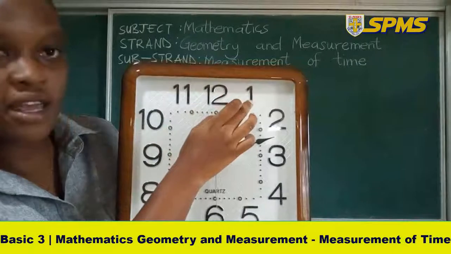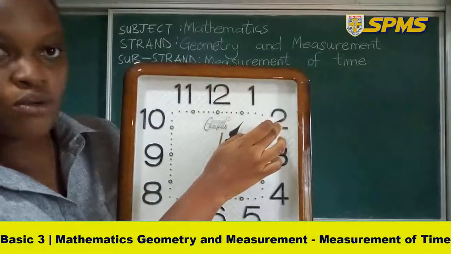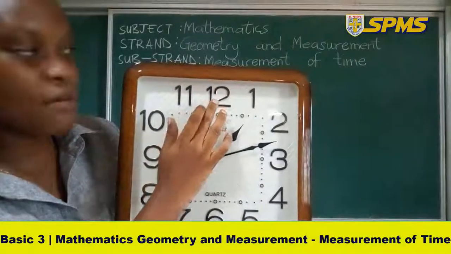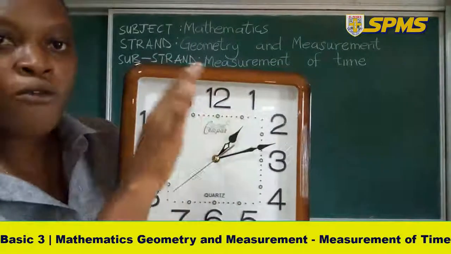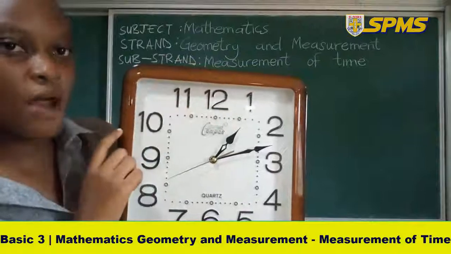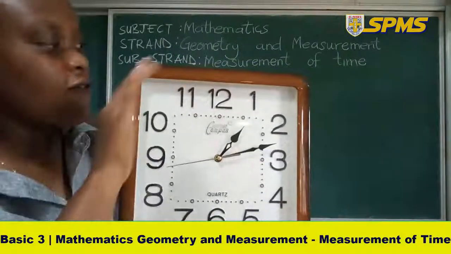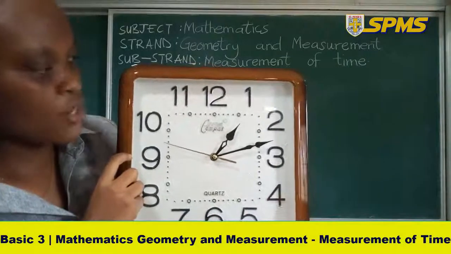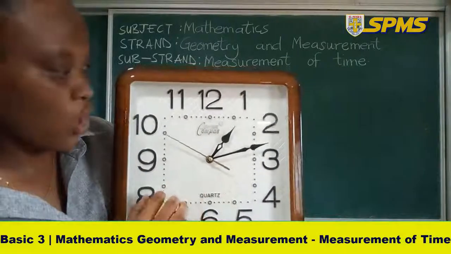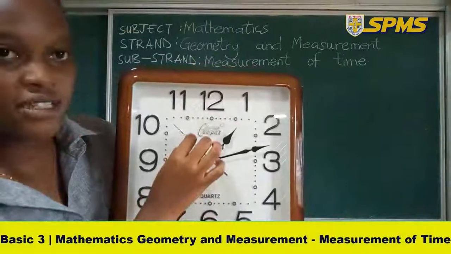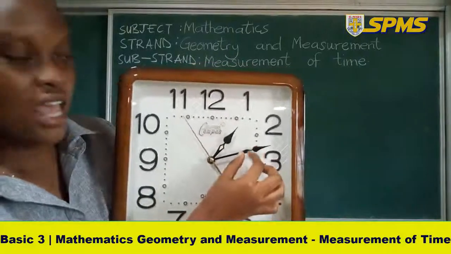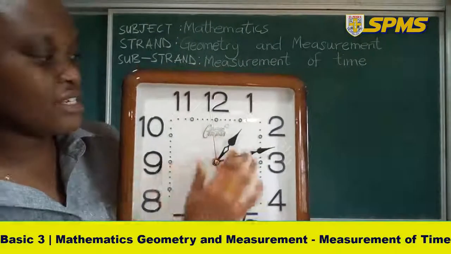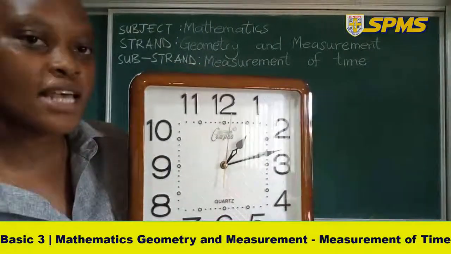We have 1 here, we have 2. So assuming any hand is on 12, when it moves to 1, it is moving in a clockwise direction, or it is moving forward. Good. Now we know the units of the clock, which is the second hand, the minute hand, and then the hour hand. This unit will help us to tell the time.